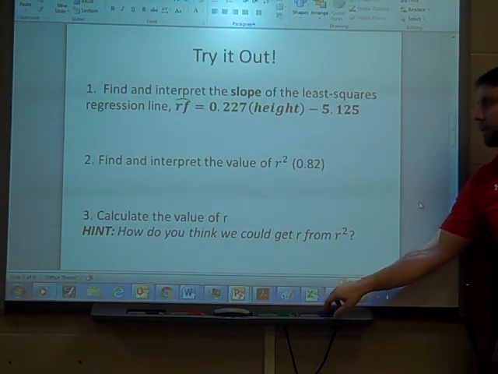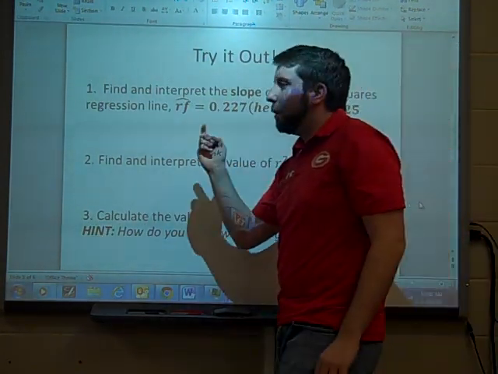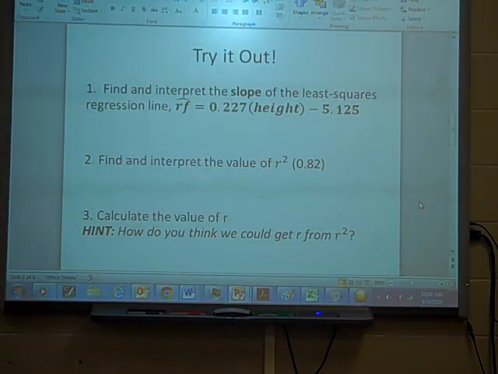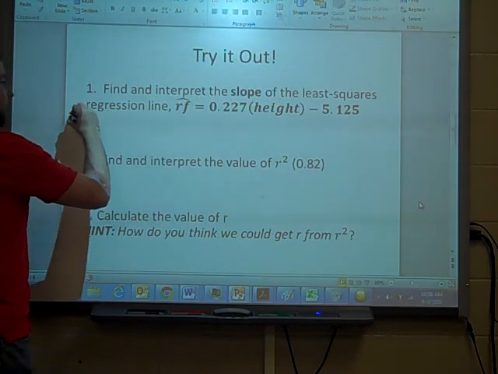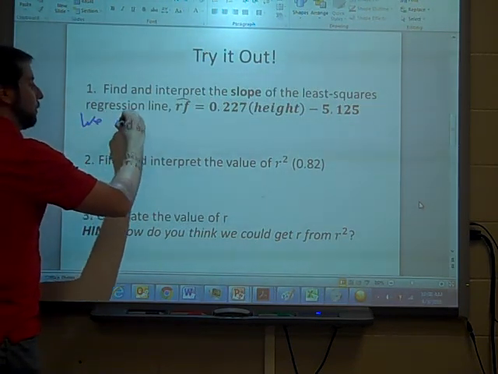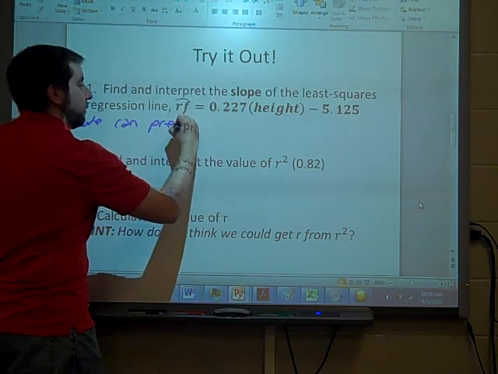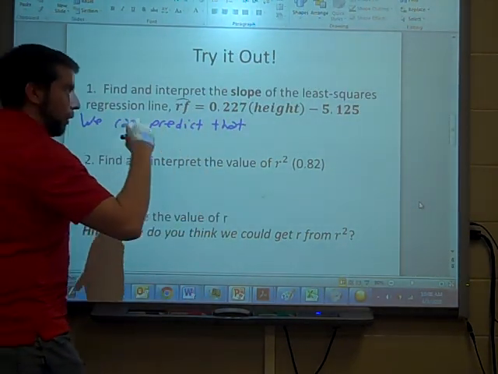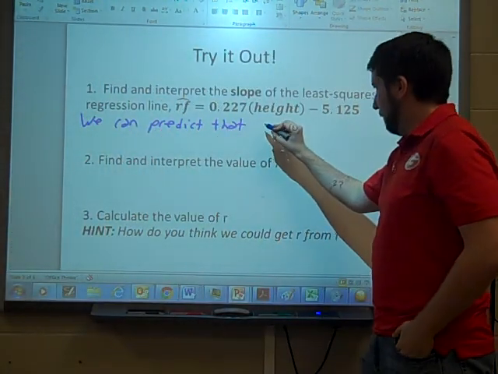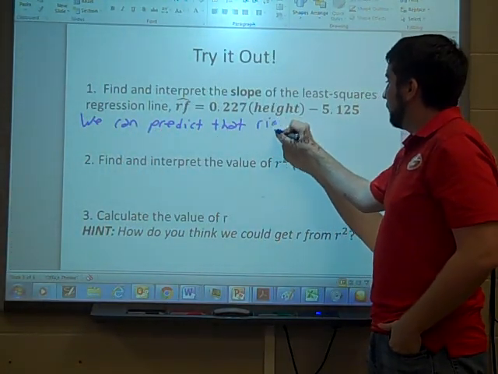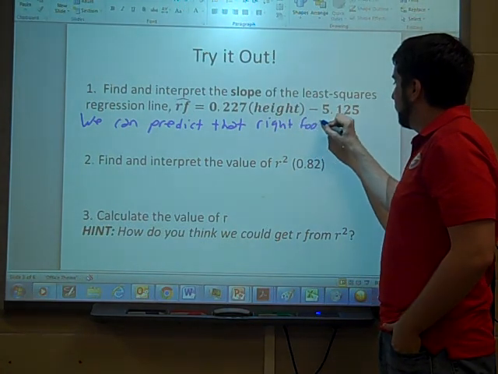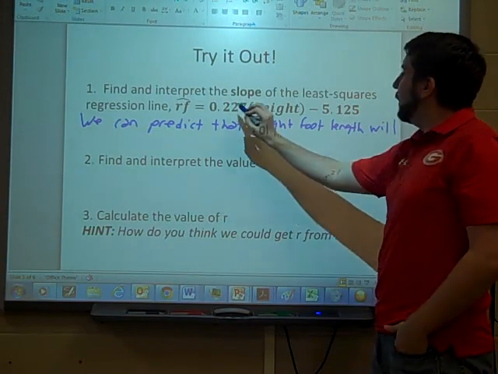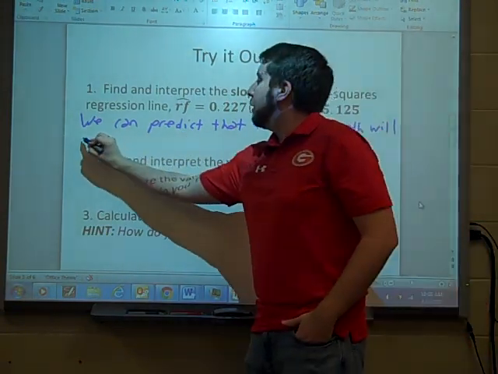So, let's talk about this. First of all, we're going to find and interpret the slope. This should be a review of yesterday, but just to recap, we can predict that y, which is our right foot length, will increase, because it's a positive slope, right?